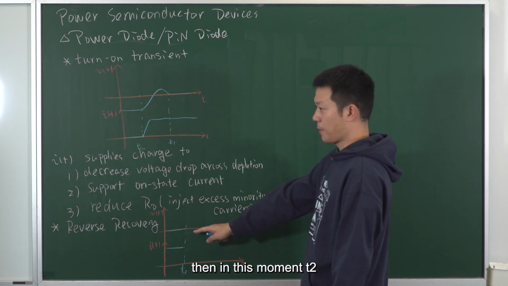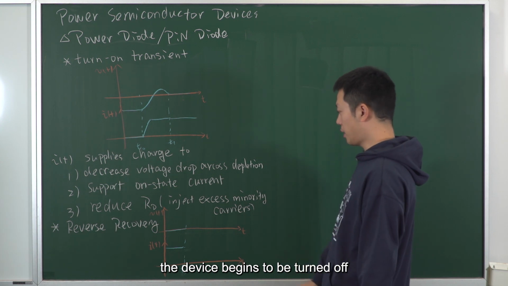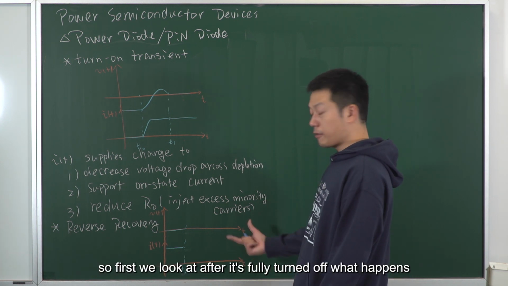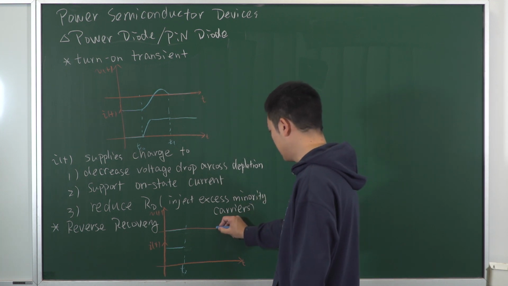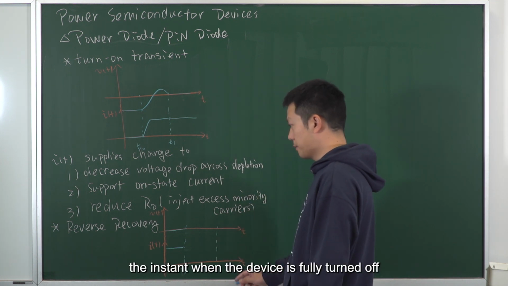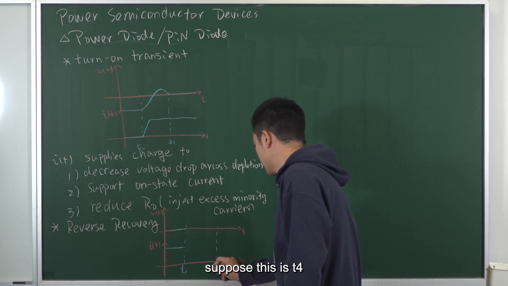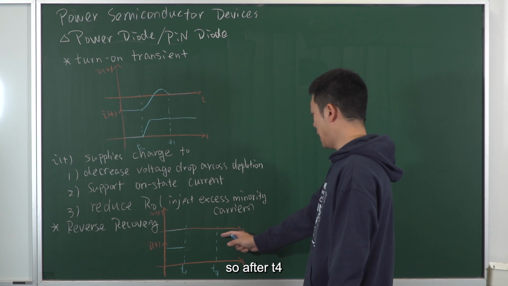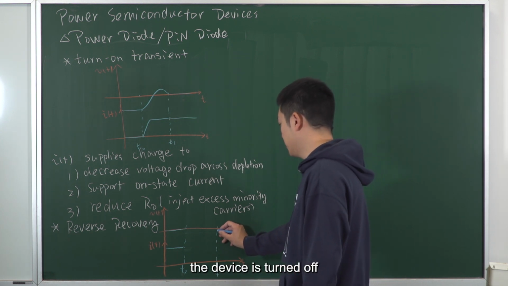Then at this moment, T2, the device begins to be turned off. So first, we look at what happens after it's fully turned off. We denote this as the instant when the device is fully turned off. Suppose this is T4. So after T4, the device is turned off.